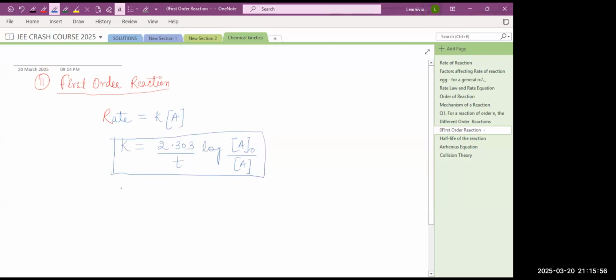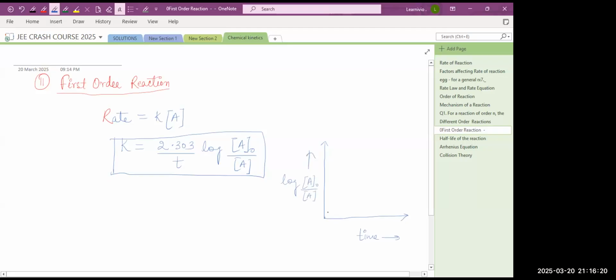So when you draw a plot between log a naught upon a versus time, this type of graph you will observe. On the x-axis we are taking time, and on the y-axis we are taking log a naught upon a.